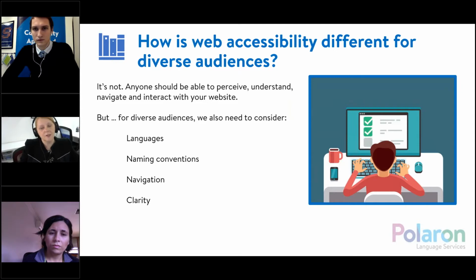So yes, you do need to look at the languages that you communicate information in, and how you're going to name information on your website, because I don't know about you, but if I am looking for information in Polish, I'm not going to type into the search engine "multilingual resources about cancer." What I'm going to type in Polish is information about cancer. So these are some of the things that we will be covering today.